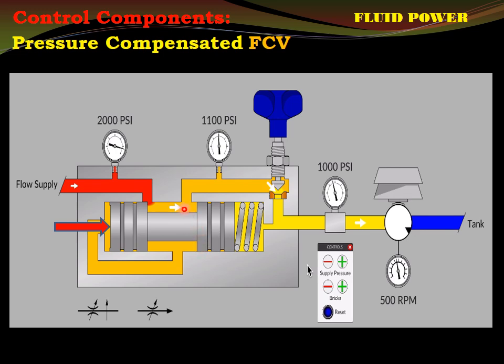Now flow takes place through this, through this, through this, here going to the load. There is another pilot line here. Through this spring, it is acting on the compensator spool again. So there will be another hydraulic force, and that is acting from right to left. This is because of the downstream pressure to the main spool.